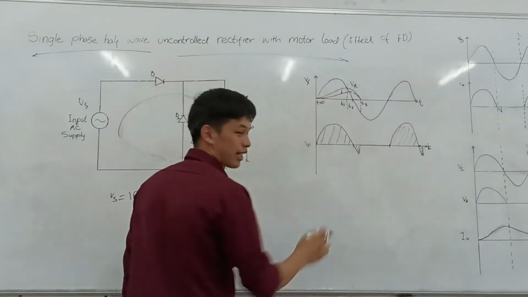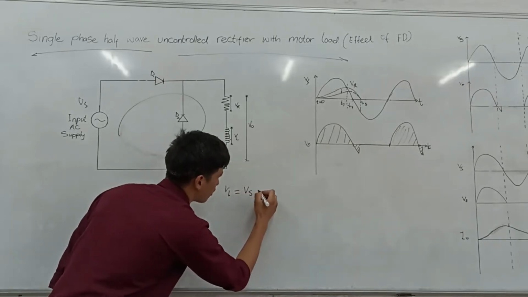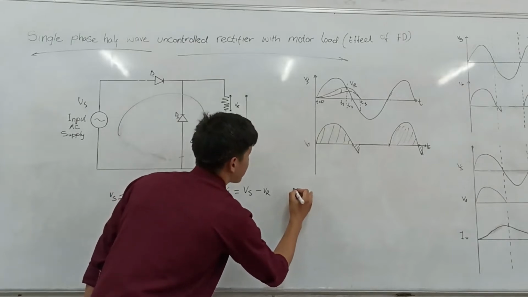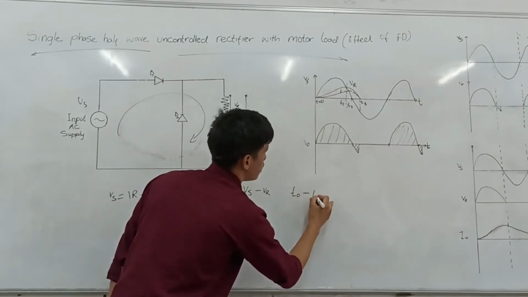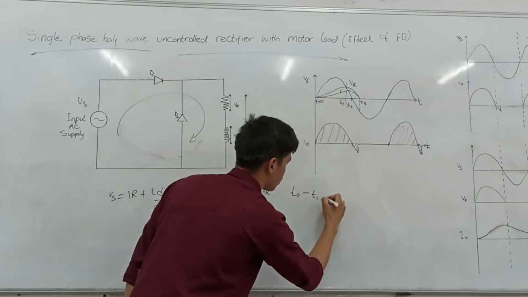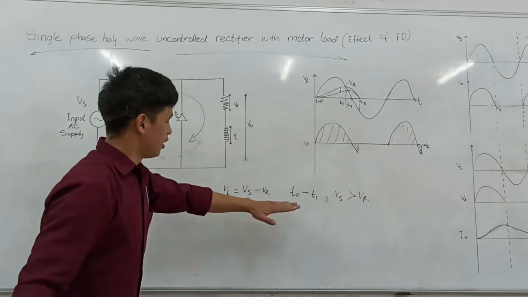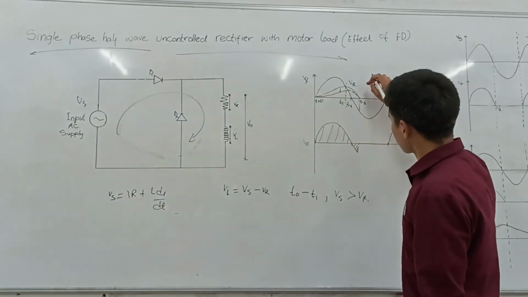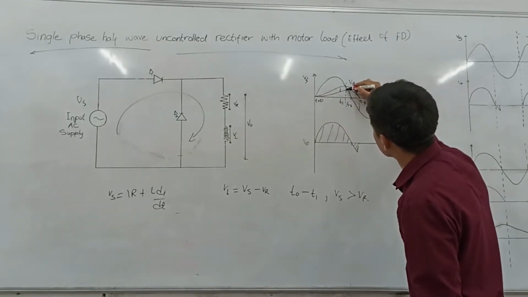From this we can say that VL is equal to Vs minus Vr. For the time period from t0 to t1, source voltage Vs is greater than Vr, and from this we can understand that the current rises gradually until t1.